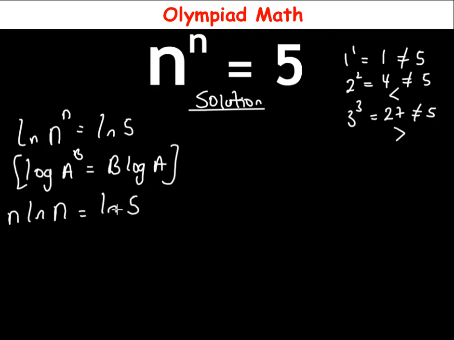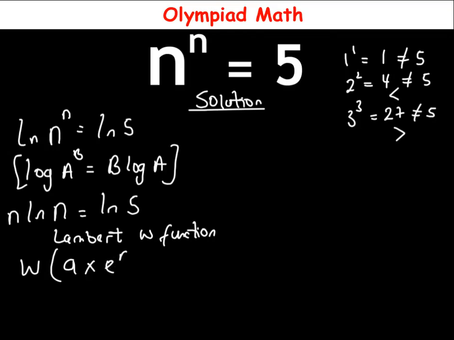Then at this junction, to solve for n, we're going to introduce what is called the Lambert W function. Now, what does that mean? The Lambert W function means that if you have W of a times e to the power of a, the result is equal to a.